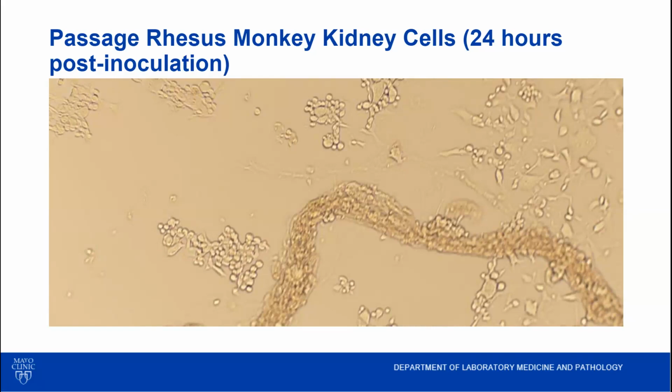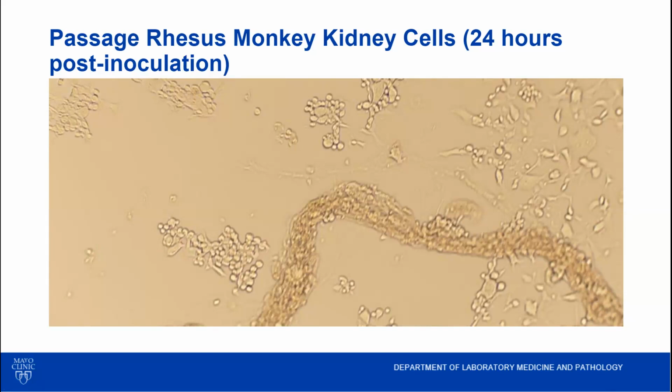So about 24 hours after the passage was completed, we saw more progressive cytopathic effects, so more areas of involvement. And you can see now at around the 7 o'clock position, a nice cluster of rounded refractile cells that are kind of grouped together. Another example about the 12 o'clock position. And this was definitely of concern for our laboratory staff.